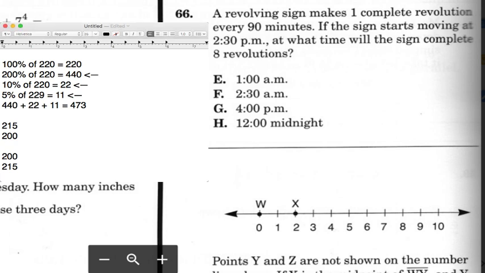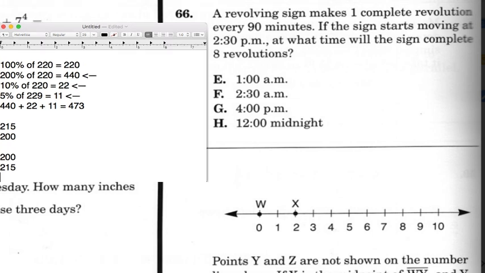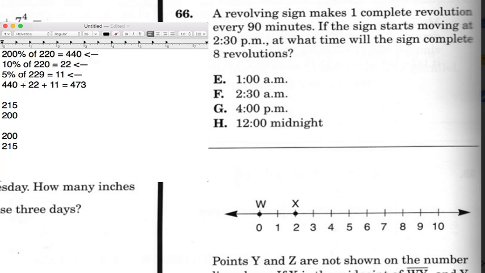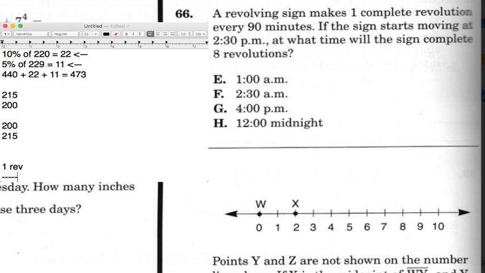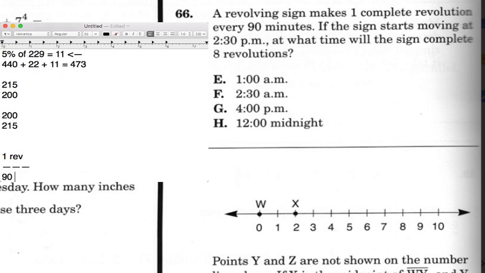All right, wait. First, let me bring them up on my own screen so I can read them. Okay, so a revolving sign makes 1 complete revolution every 90 minutes. So 1 rev every 90 minutes. Okay.